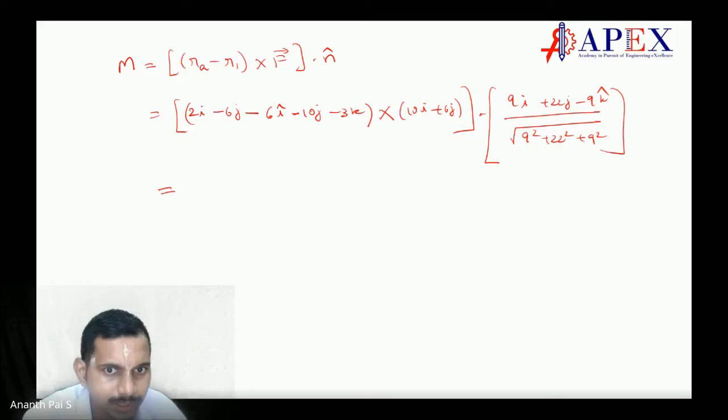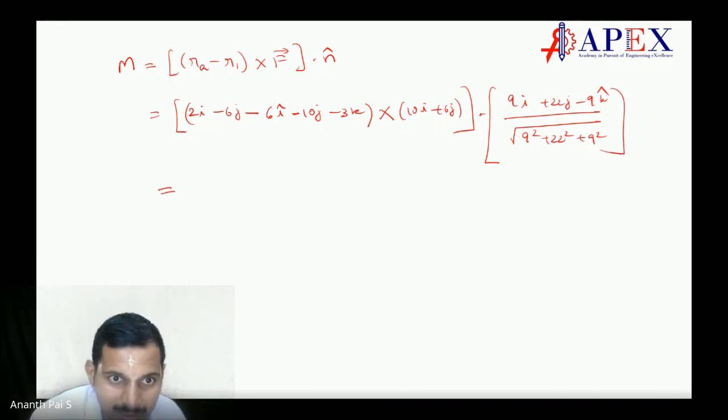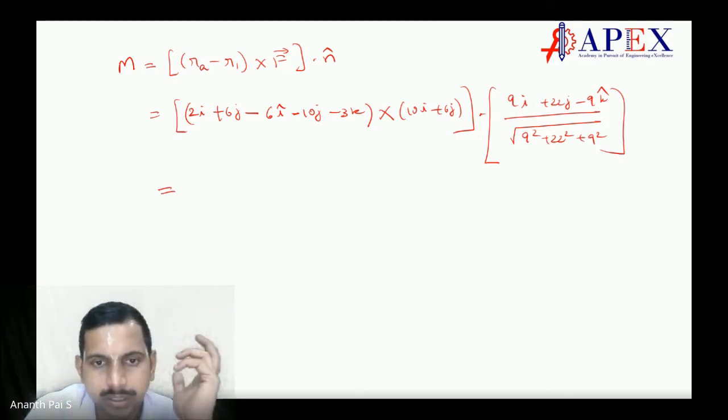Let me correct it. R1 is 6i plus 10j, so minus minus becomes plus 6j. I'm sorry. So everything becomes minus here, and then you solve it.